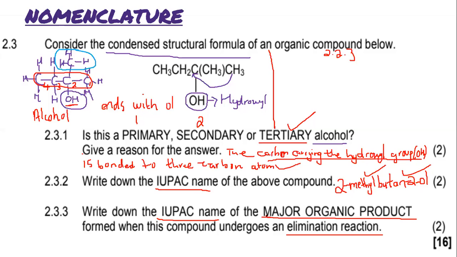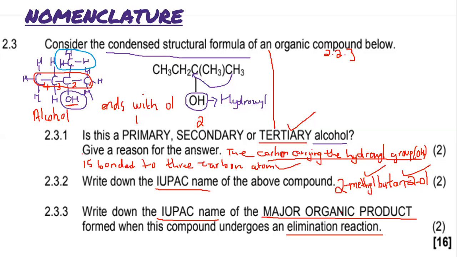And we know by definition, the minor product is the product that is not going to form. And that is why we never really ask you to draw the minor product, because that is the product that is not going to form. But the major product is the product that is going to form. And that is why we want you to give us the IUPAC name of the major product.